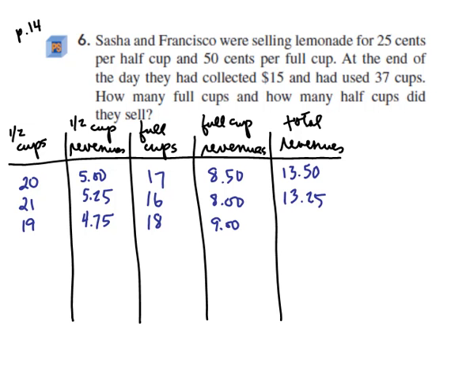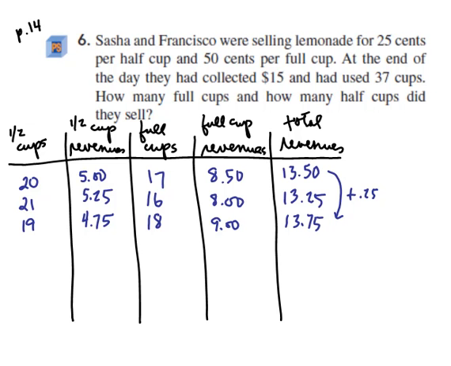Now you should know from the original one, which was 20 halves and 17 fulls, to this one, which is 19 halves and 18 fulls, I increased my revenue by 25 cents, which you can see there. So that means every time I decrease a half cup and increase a full cup, I'm going to increase 25 cents in revenues. And at this point, I need to go up by 5.